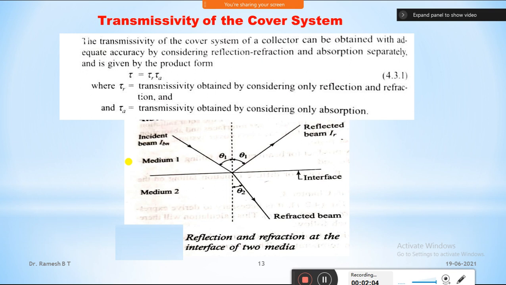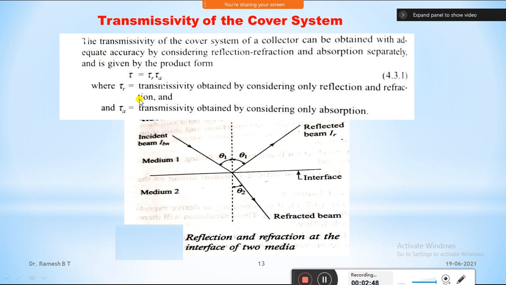The transmittivity of the cover system of the collector is a combination of two terms, tau r and tau a. Tau r is the transmittivity based on reflection and refraction, and tau a is the transmittivity based on absorption.